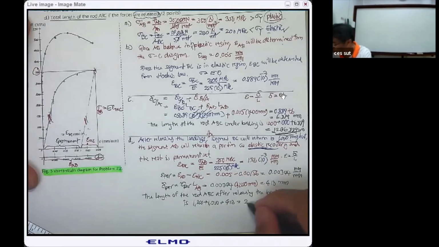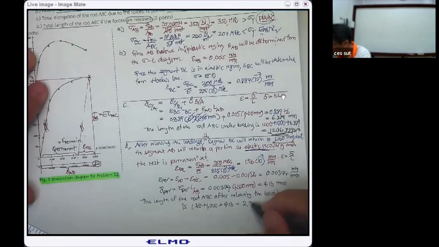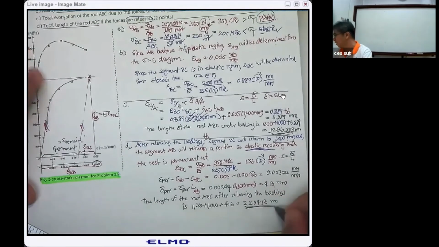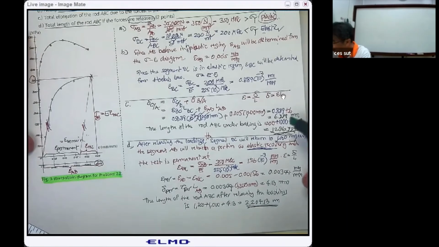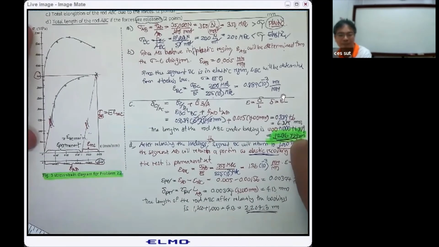That is going to be 2,204.13 millimeter. So what we have is the 2,200 millimeter rod ABC elongated to 2,206.889 under the P1 and P2.